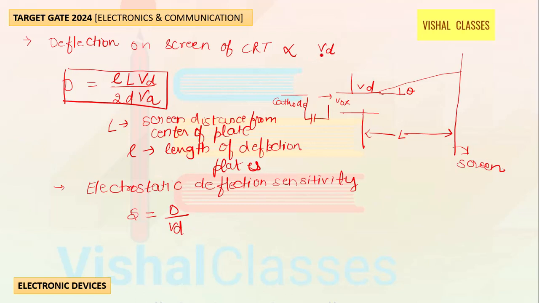What is Vd here? Vd is the deflecting voltage. When you divide by Vd, this value is small l, capital L upon 2dVA. VA is the anode voltage.